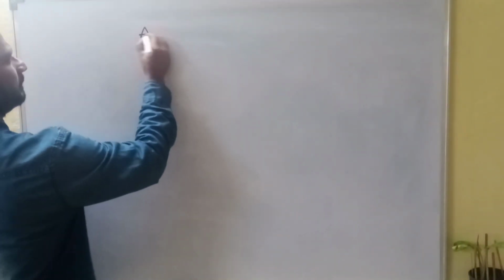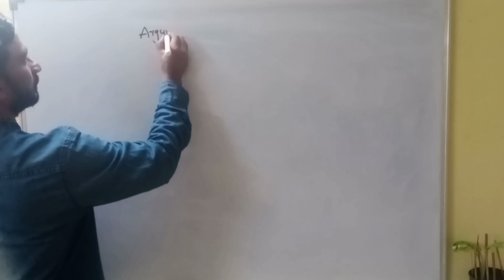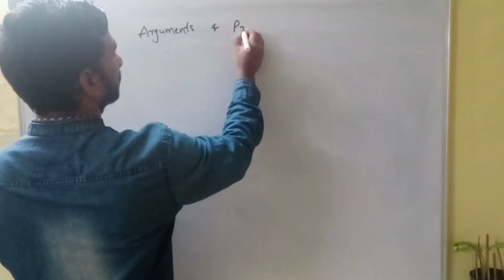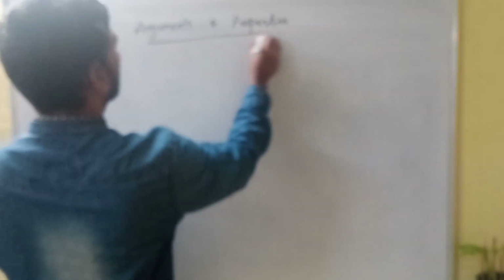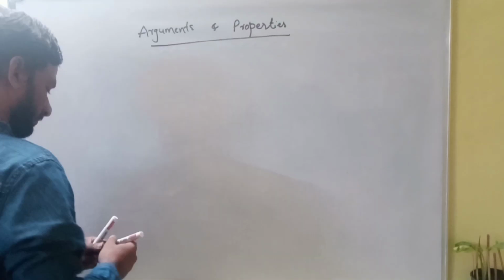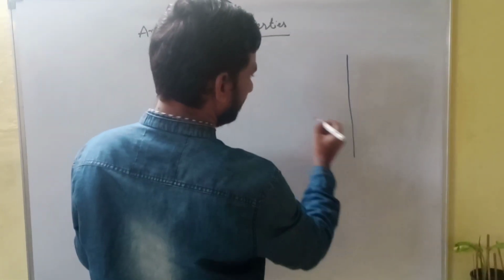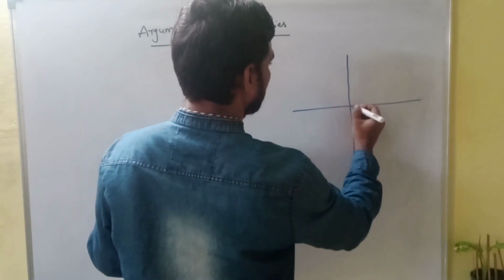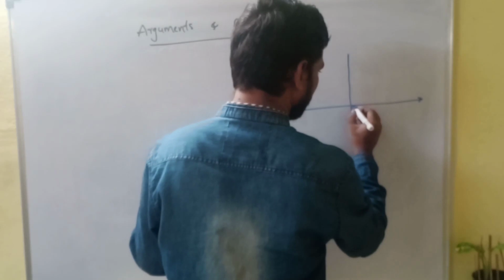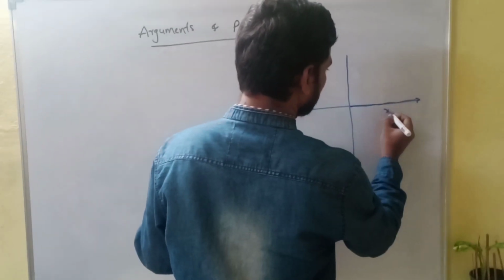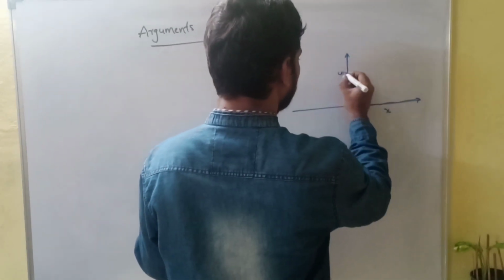Now let's come to the argument and its properties. So in the Gaussian plane, I am taking Gaussian plane. In the Gaussian plane, this real number is represented as x and this imaginary part is represented as y.